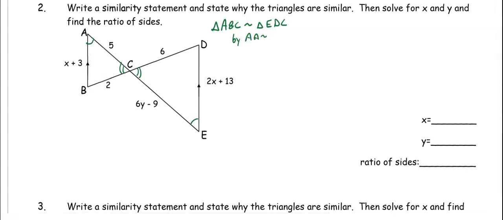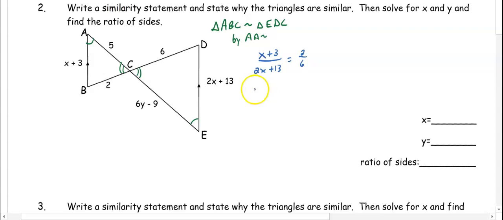So now we are going to solve for x. A, B, and D, E are corresponding sides. They both have x's. So we have x plus 3 over 2x plus 13 equals, when I look at the other sides, I see there's a y, so I don't want to use that. So I'm going to use the 2 over 6.